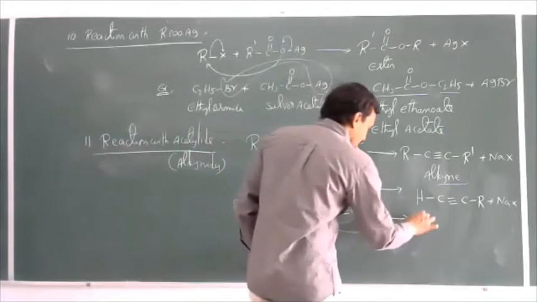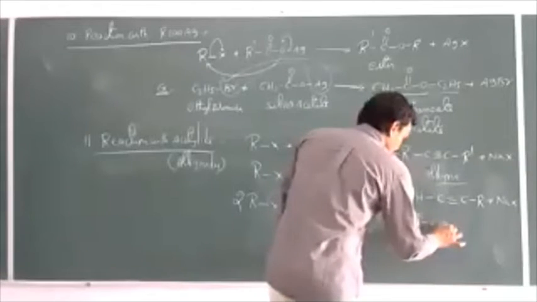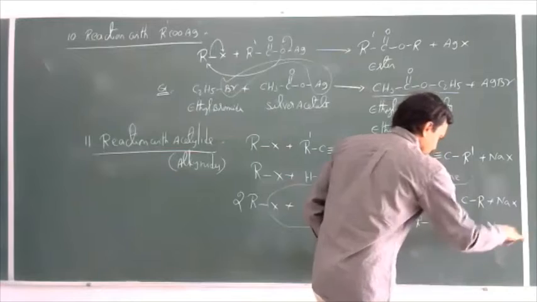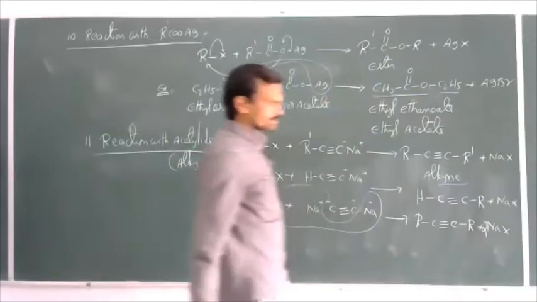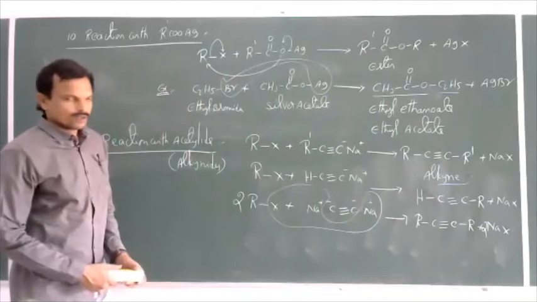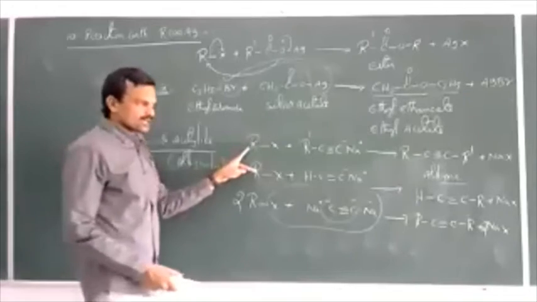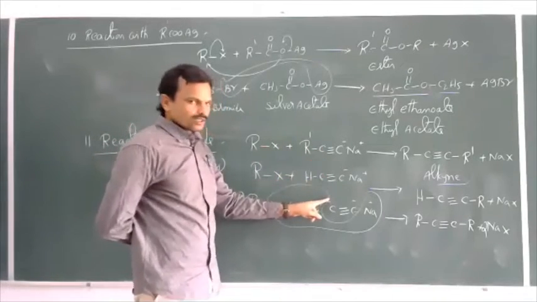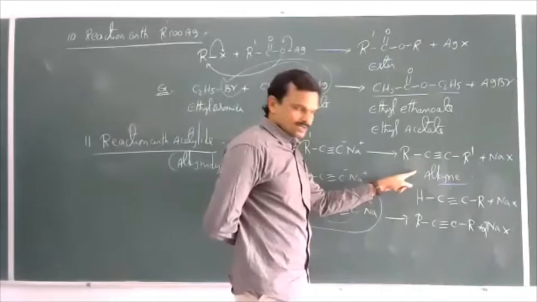Then we can get RC triple bond CR plus 2 NaX. So when haloalkanes are allowed to react with alkynides or acetylides, we can get alkynes.